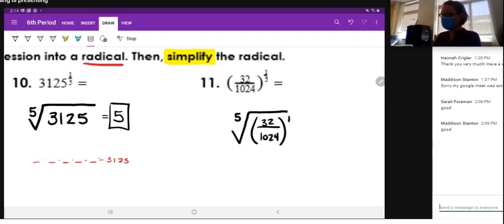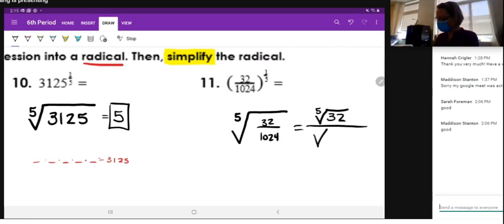We don't need to write that exponent because it's a 1, which also means we don't even really need those parentheses because there's no exponent. So this is what we're looking at, the 5th root of 32 over 1024. In this problem, we can only really look at the 32 and the 1024 separately. So we could think of this as the 5th root of 32 over the 5th root of 1024. So we're just going to do this exercise twice.